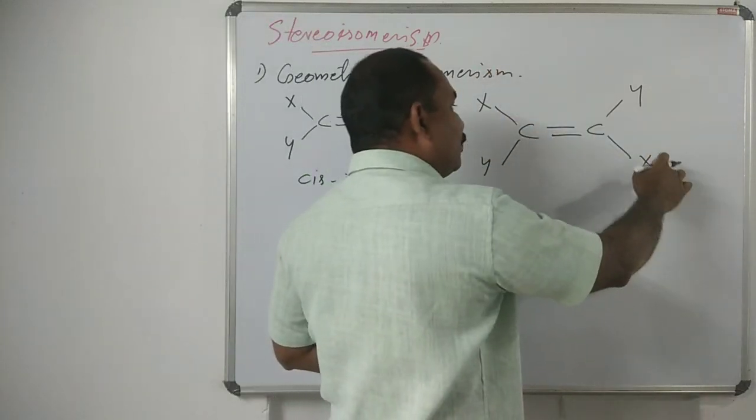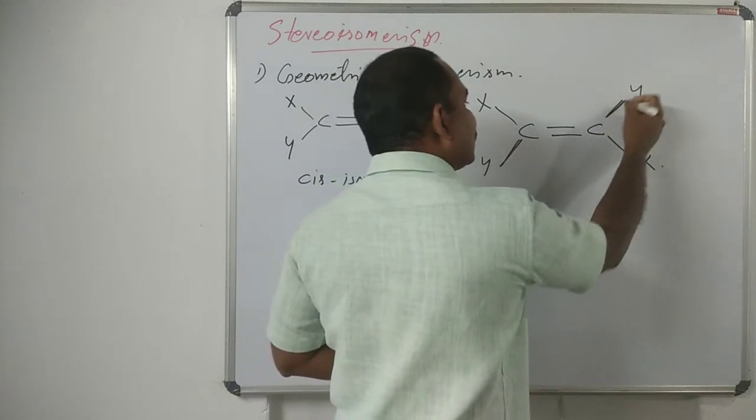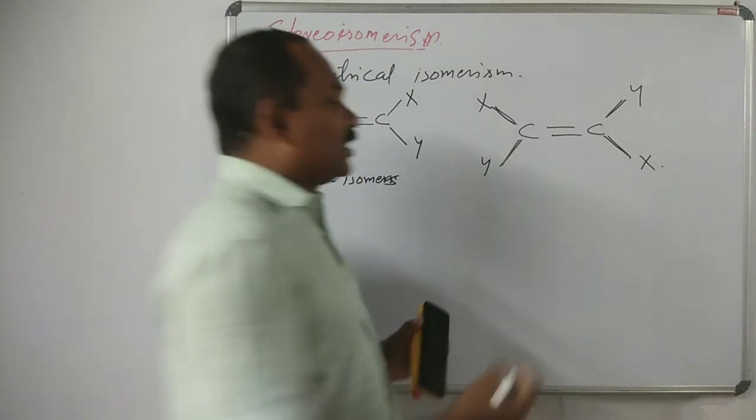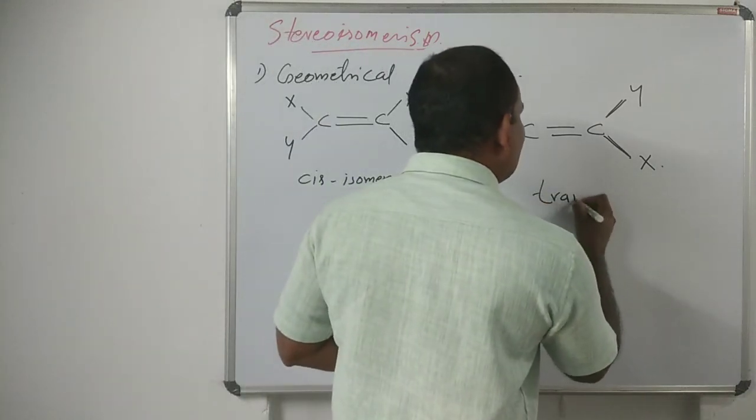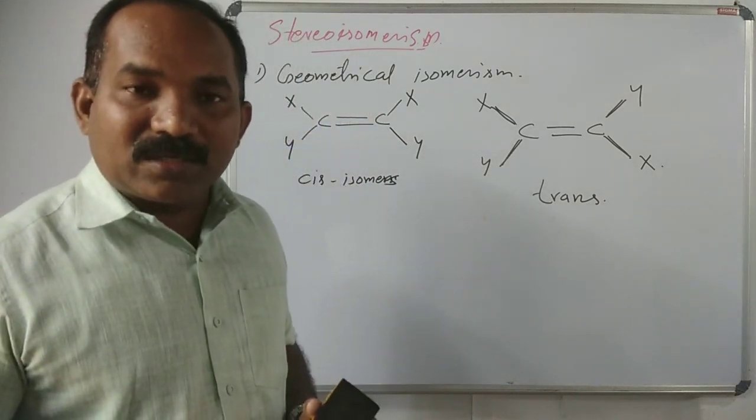Similar atoms are opposite. Y and Y are in the opposite direction, X and X are in the opposite direction. Such isomers are called trans isomers.